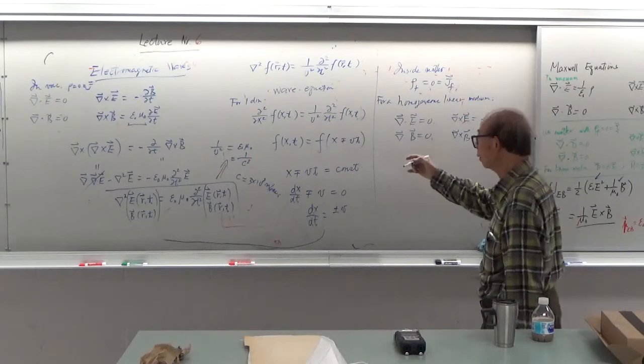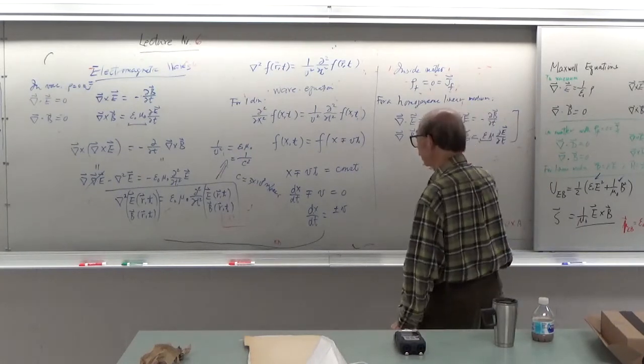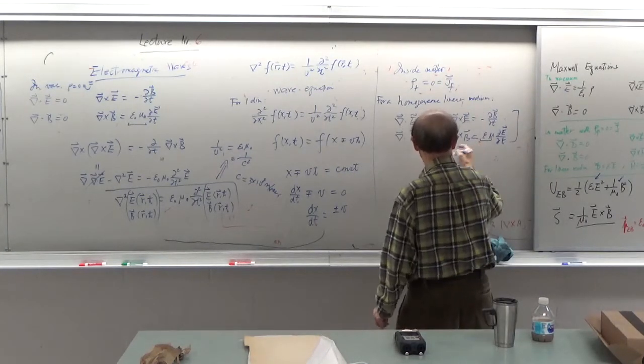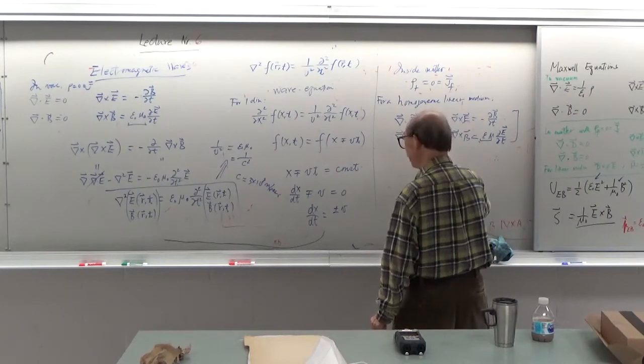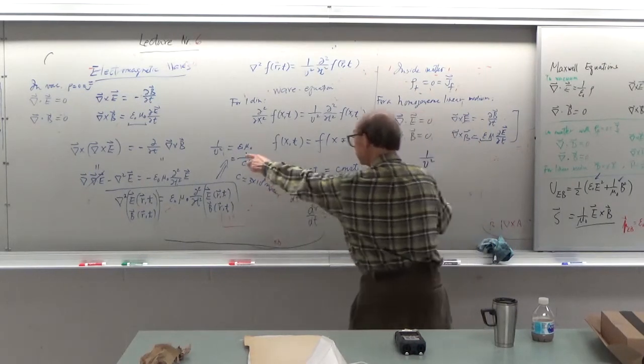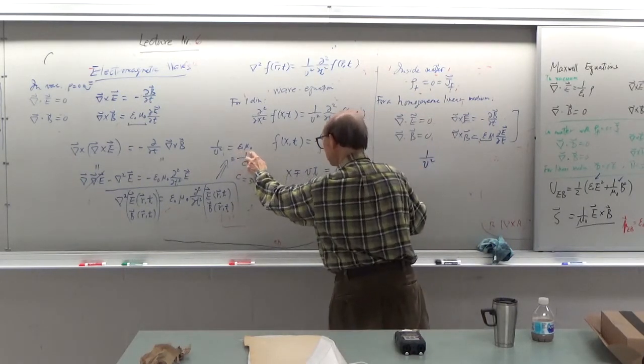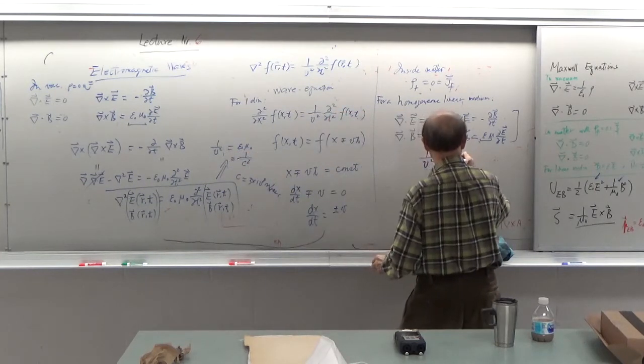So that, right away, we know that the speed of propagation is given by 1 over v squared equals, instead of epsilon naught mu naught, epsilon mu.